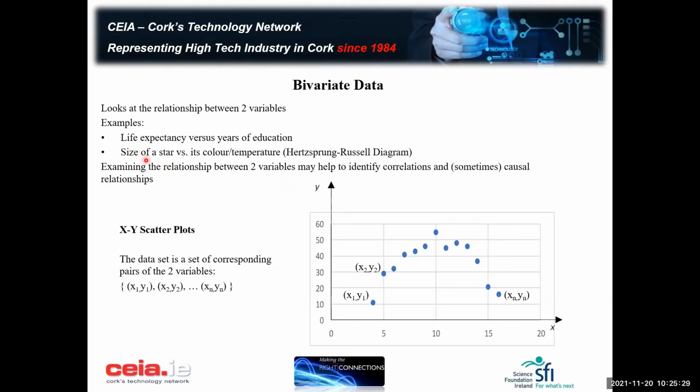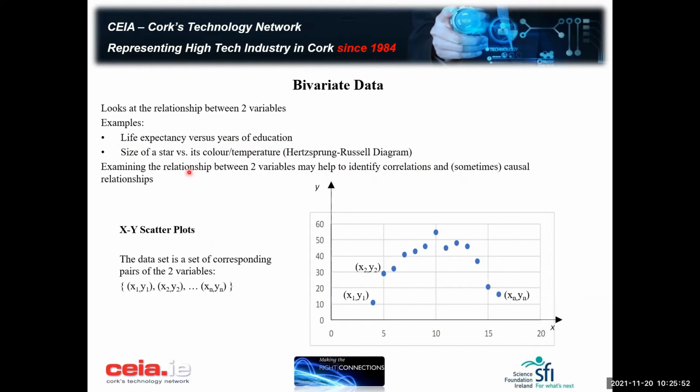And the reason you would study the relationship is that you might find correlations, and sometimes those correlations indicate there are causal relationships. Like, for example, does having more education lead to a longer life expectancy?